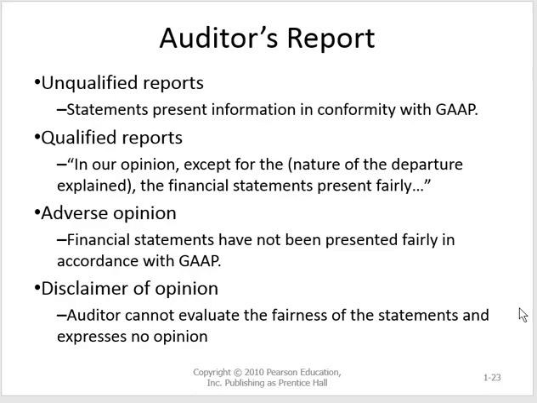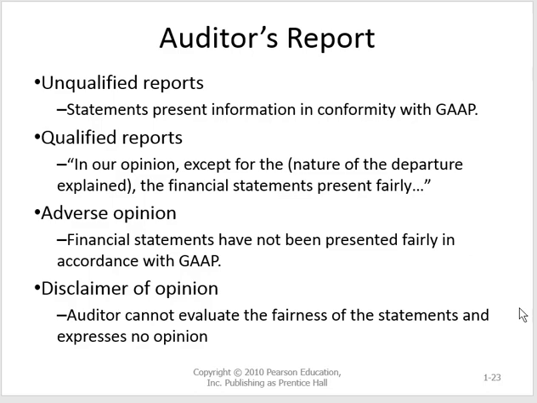The auditor's report, though, really has only 4 answers that they can provide. An unqualified report basically states that the information is provided in conformity with GAAP. That is, they couldn't find anything wrong. That doesn't mean that the statements are accurate. It means they could not find anything that's wrong.